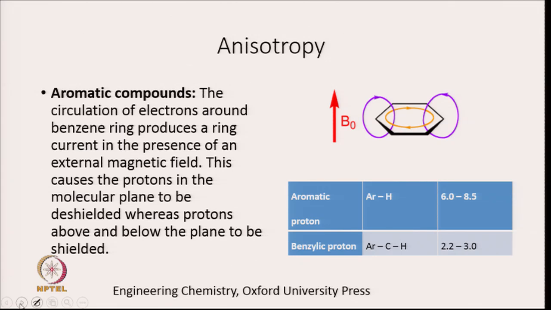This causes the protons in the molecular plane to be deshielded, and protons above or below the plane to be shielded, and so aromatic protons have very high chemical shift.